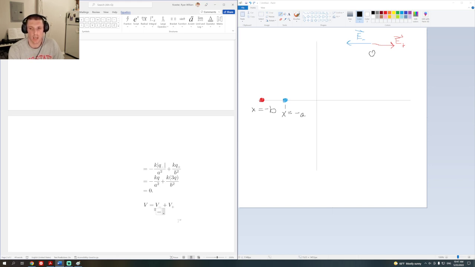And in this case, this means that we're going to want to have our positive charge to the right of the origin. So I need to write something like this, essentially. Minus KQ over A plus K 3Q over B, and then demand that this equals 0, right?